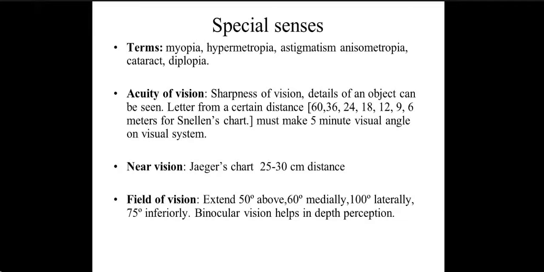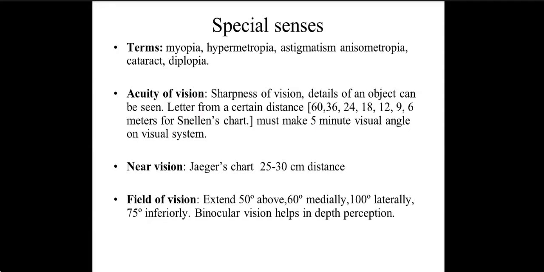It extends 50 degree above, 60 degree medially, 100 degree laterally, and 75 degree inferiorly. Above, eyebrows are there, medially the nose is there, laterally there is no obstruction, so 100 degree, and inferiorly there is the zygomatic bone, so obstacles are there to see. Binocular vision helps in depth perception.